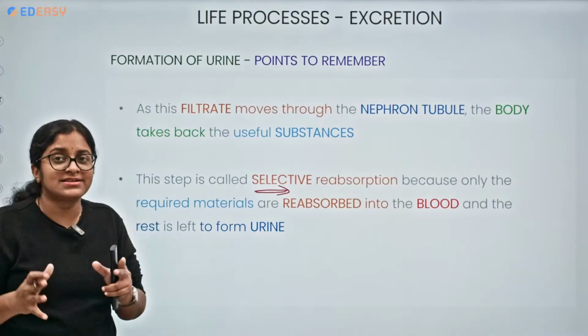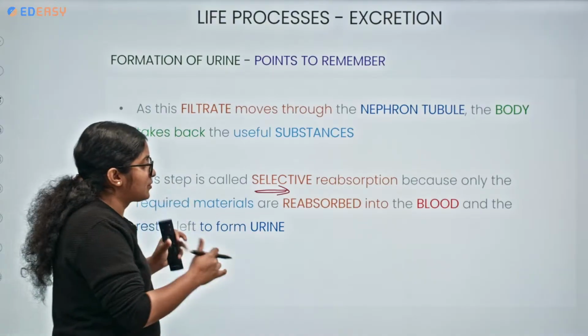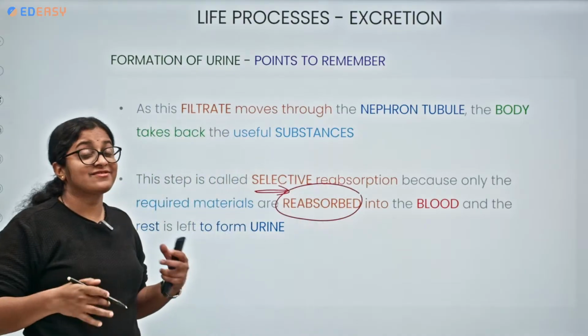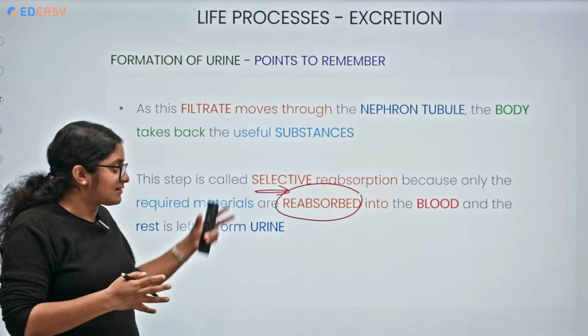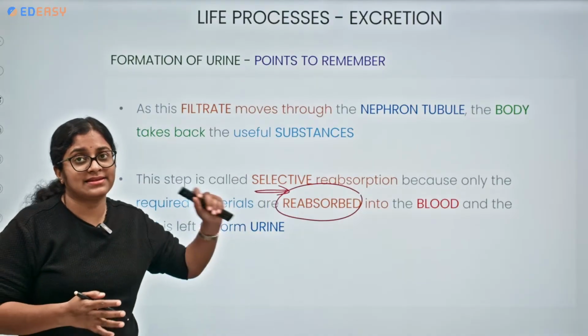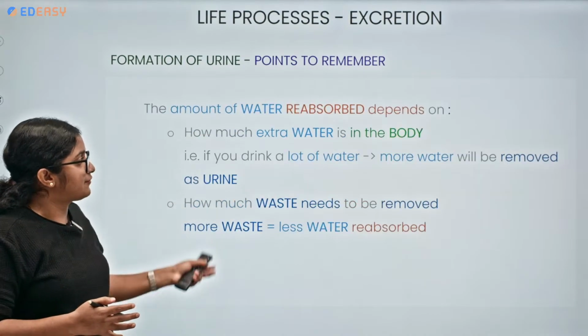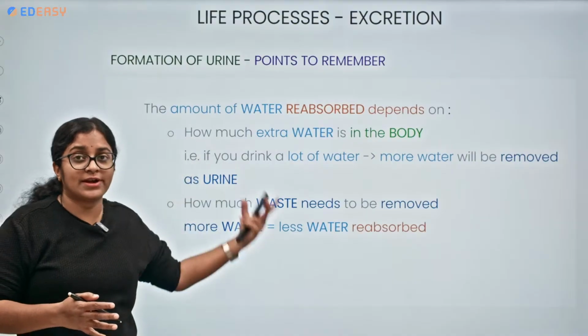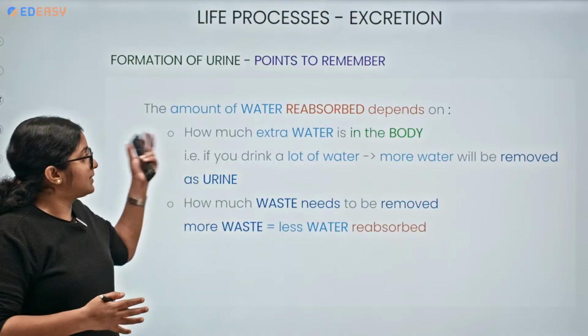Why? Because majorly the required amounts, what are they? The glucose, amino acids, all these are required now. They will be reabsorbed into the blood, and the rest is eliminated in which form? In urine form. So upon what is it dependent? How much water is reabsorbed in the body is dependent on what?